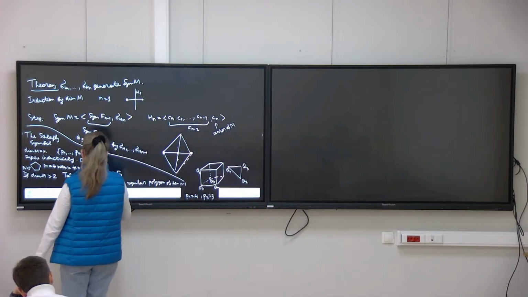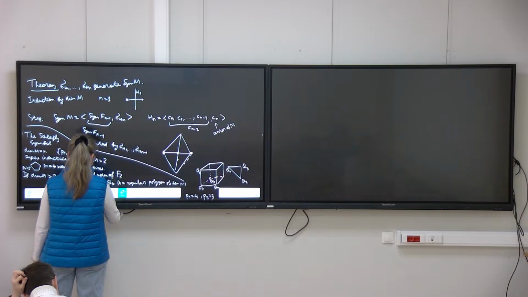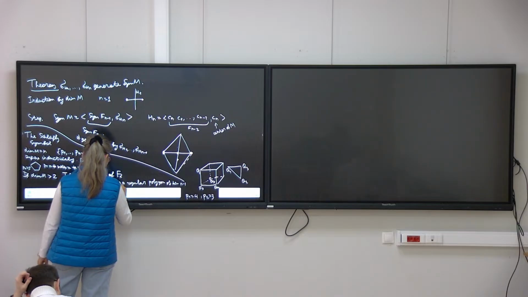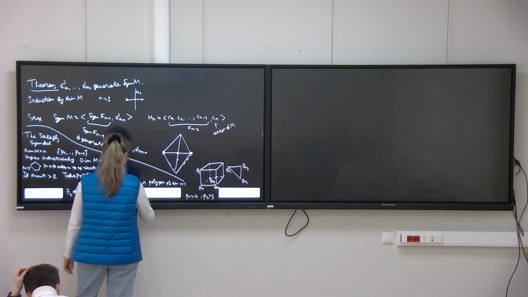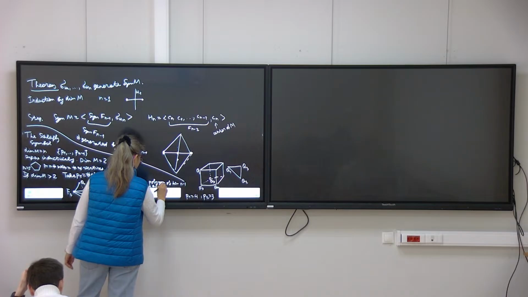So P2, etc. up to Pn minus 1, it is the Schläfli symbol for Q1, etc. Qk.